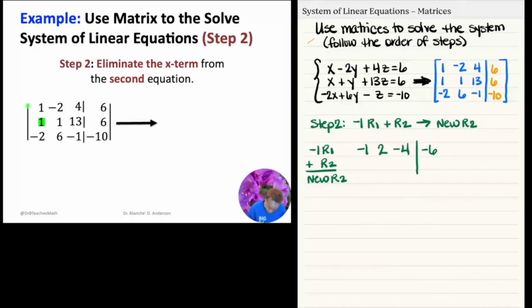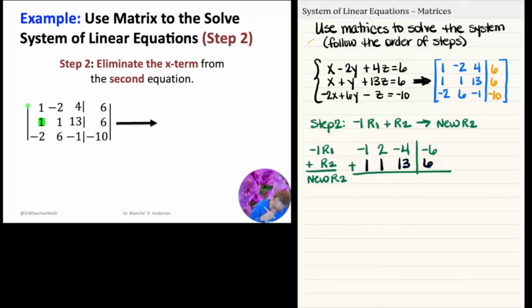Sorry, I was looking at the PowerPoint. Now I'm going to add my row 2. Row 2 happens to be 1, 1, 13, and 6. We're going to add these together to get my new row 2. When I add these together, I end up with 1, 1, 13, and 6.